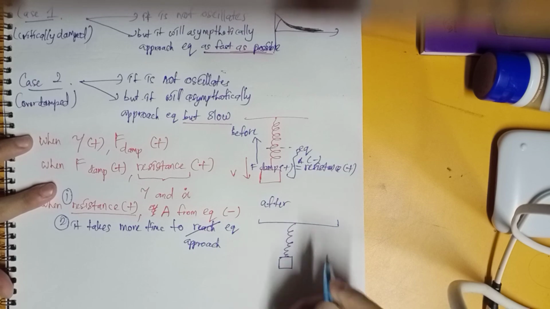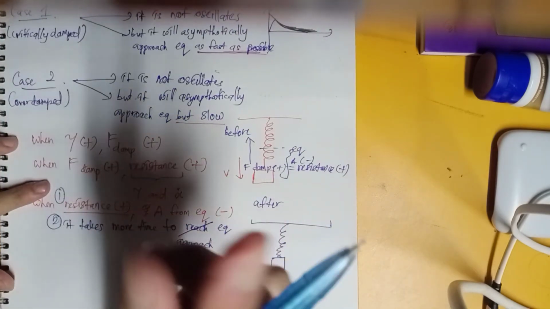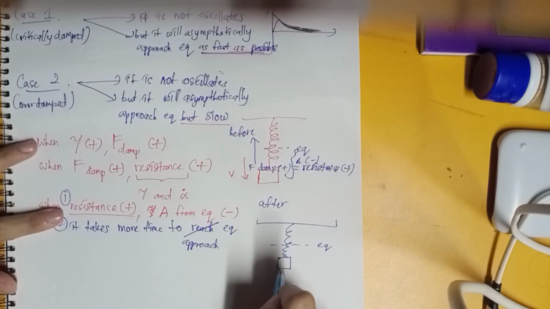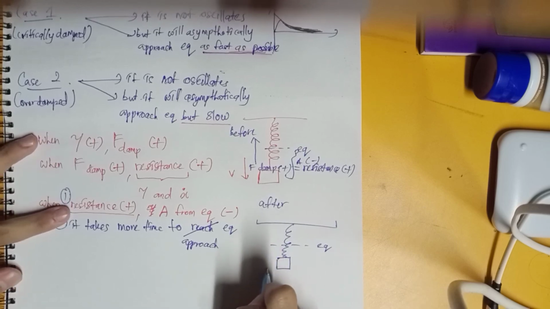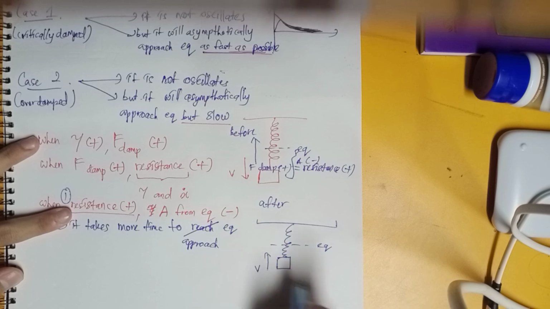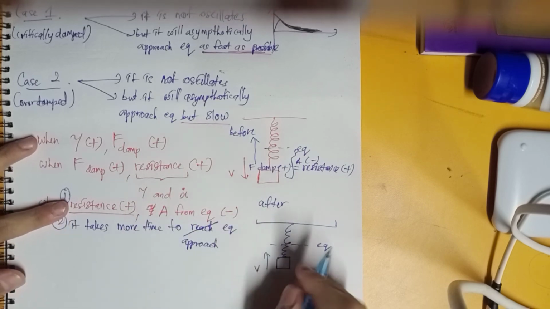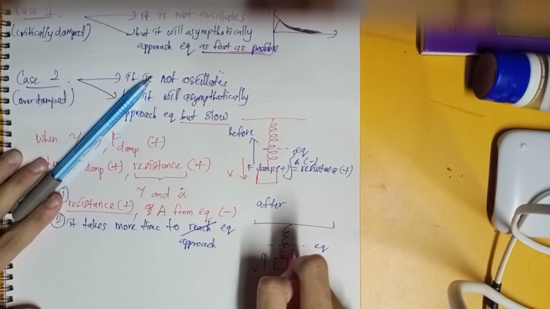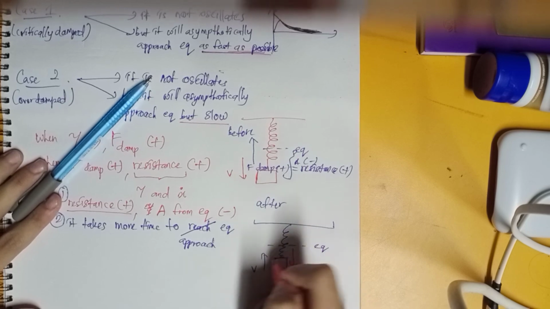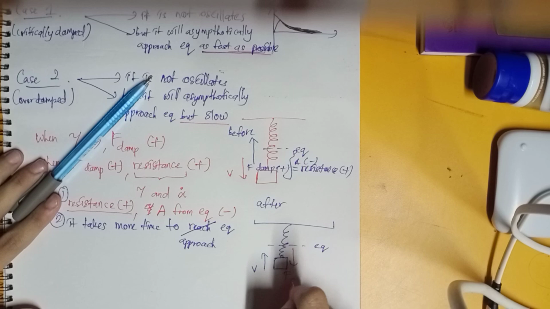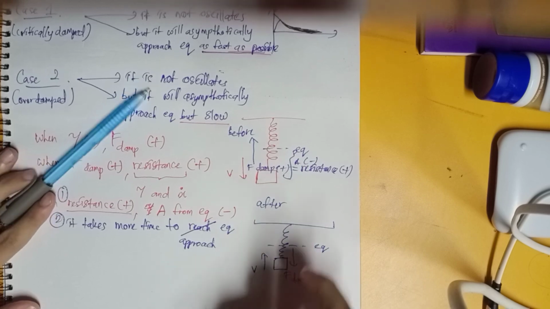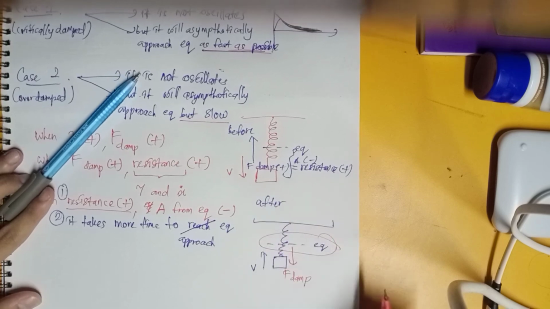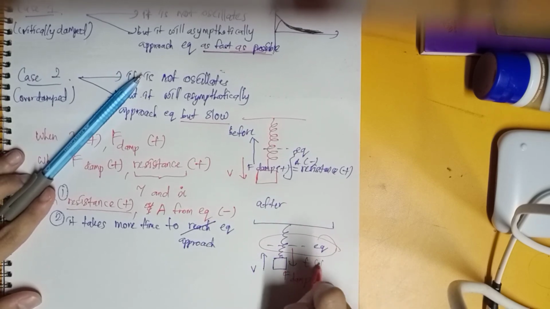Now we want to go back to equilibrium, right? This is equilibrium. Now we want to make the object go back to equilibrium. Of course, the damping force acts opposite to the movement of the object, which is F damp. That's why the object takes more time to reach equilibrium.